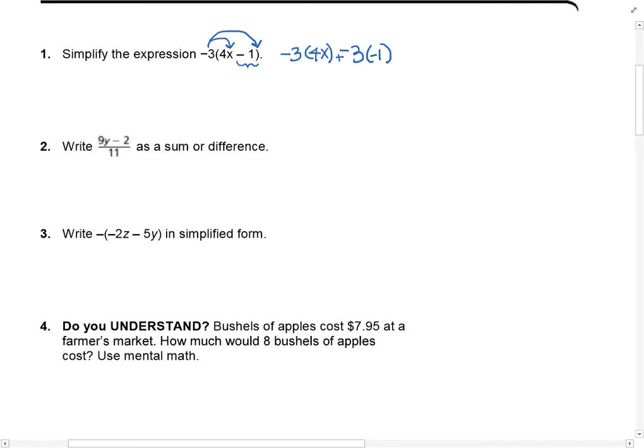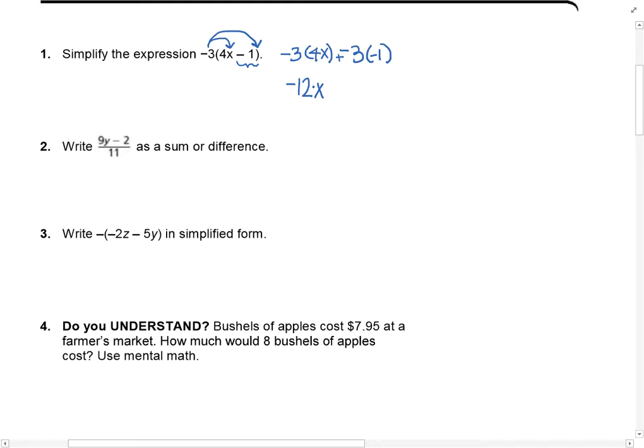Subtraction and negatives kind of go back and forth a lot. Okay, so -3 times 4x would be -12x, because -3 times 4 is -12, and then the x is going to multiply 2, but it can't really multiply by the number, so we just write it as -12x. And remember, you don't have to put a dot, you can just write -12x.